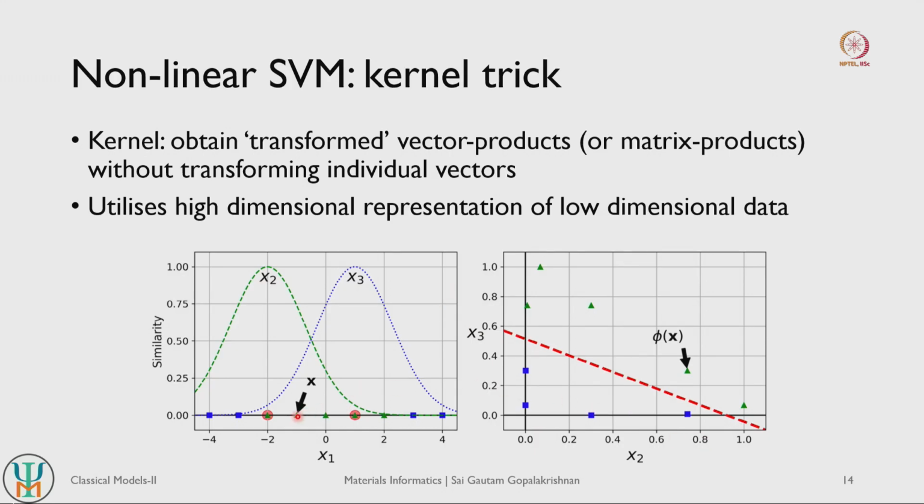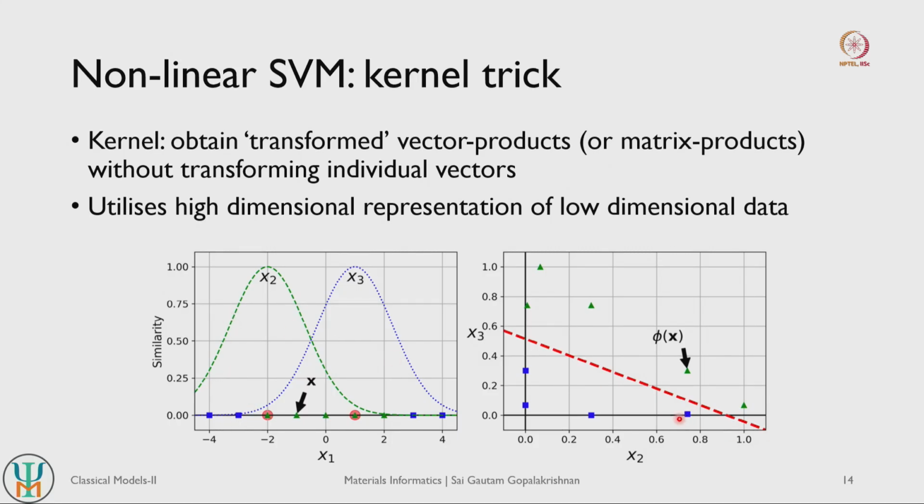If you look at one of the green data points here, right, green has, let us say, about 0.6 or so on your x2 Gaussian value, and about 0.25 or so on your x3 Gaussian, right. So that is probably this point here. Similarly, if I take one of the blue points here, this one is almost 0 on the x3, and on x2 it is reasonably large, about 0.6 or so.